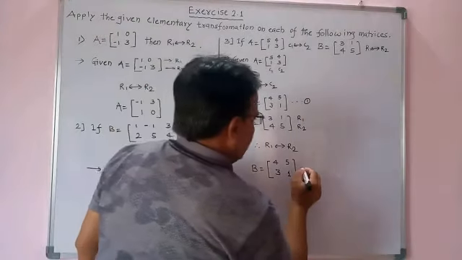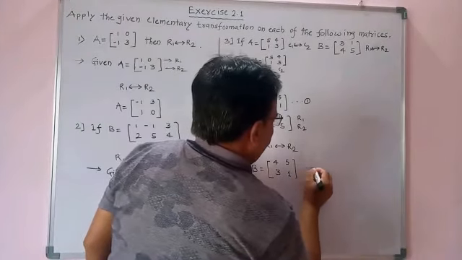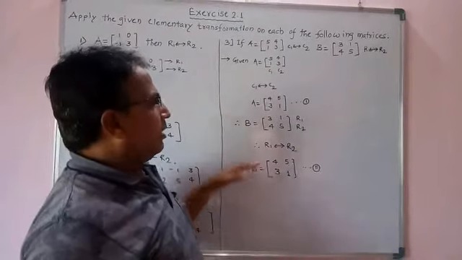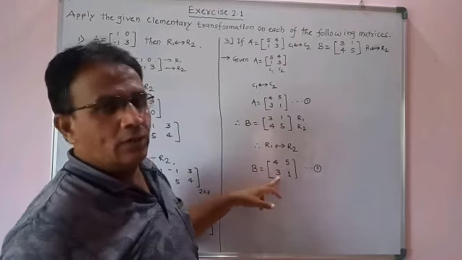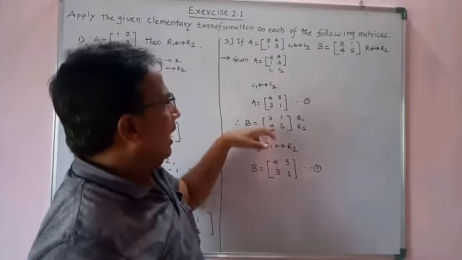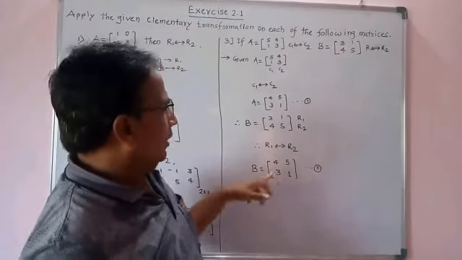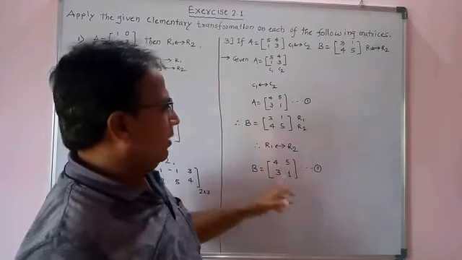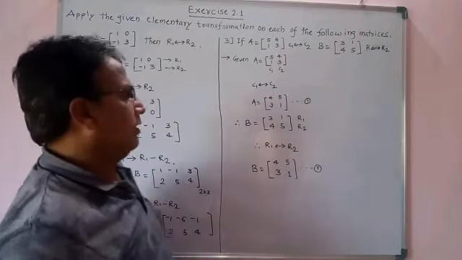This is equation second. 4, 5 is the first row and 3, 1 is the second row.